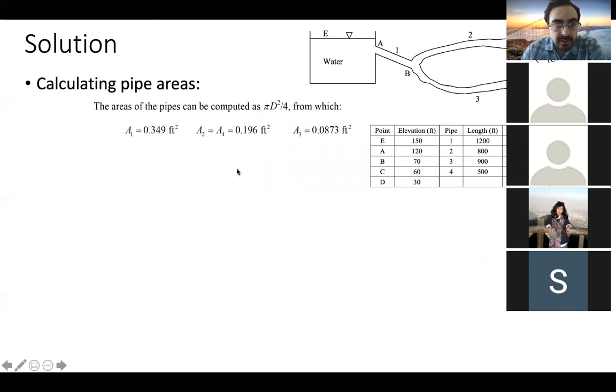So the first thing that we do is we calculate the areas of the pipes, and this is important for us, especially for calculating the flow rates.